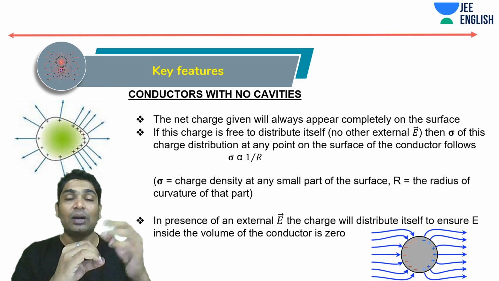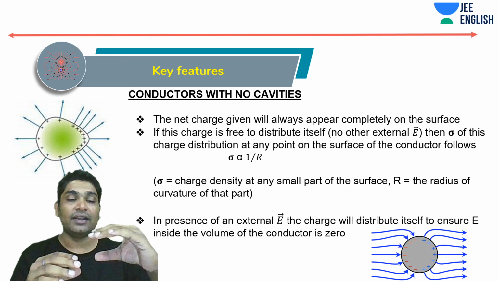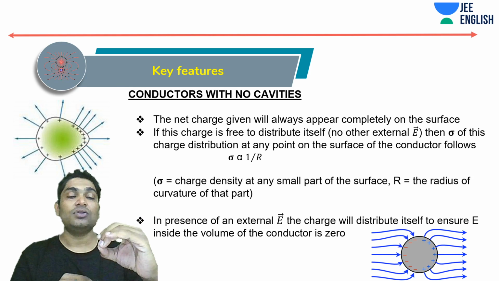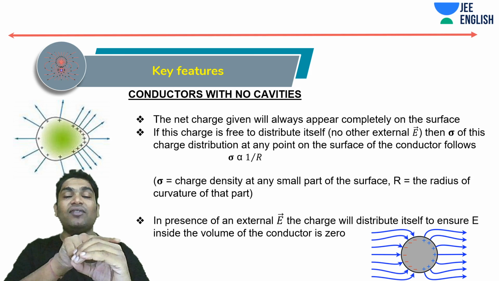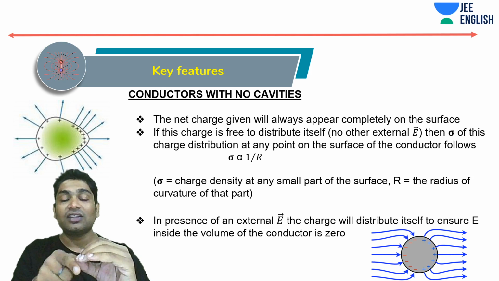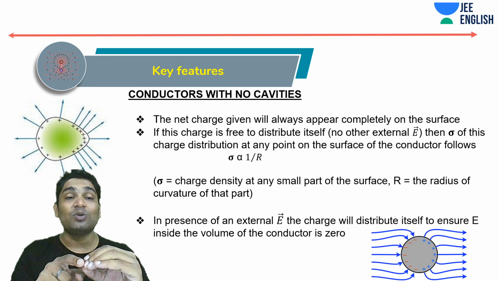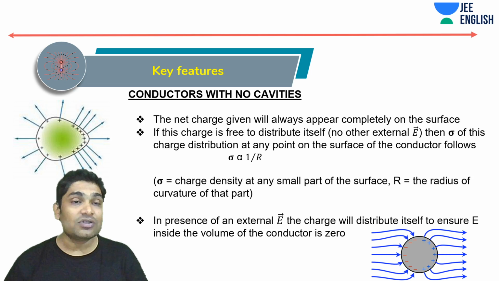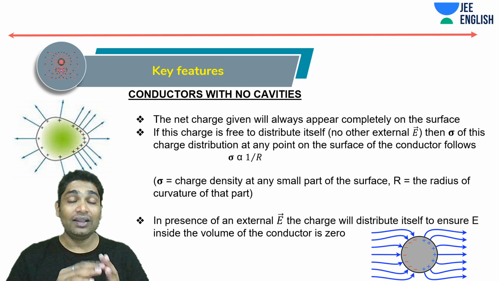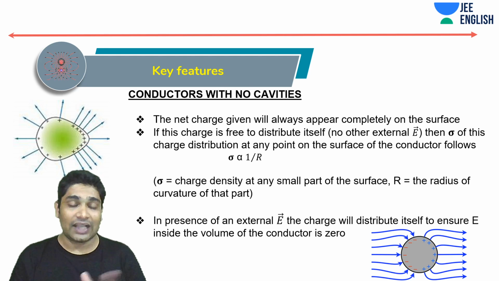If you compare two parts of a conductor, let's say like this, this being flatter and this being more curved, because it's flatter, the radius of curvature of this part is higher and the radius of curvature of this part is smaller. And sigma will be inversely proportional to r. So this part will have a higher sigma and this part will have a lower sigma. Why is that? That happens to make sure that the entire surface is equipotential. I can derive that also, but that's the logic behind it.